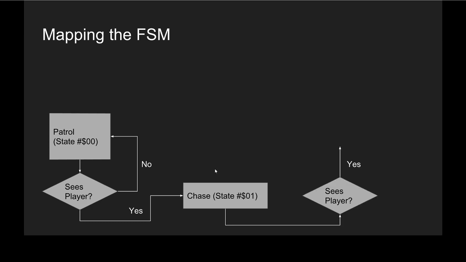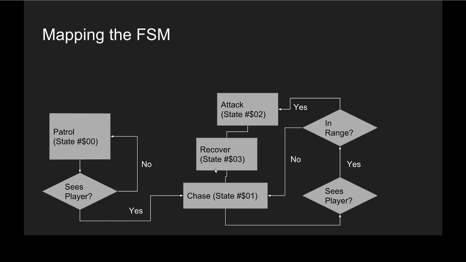During the chasing, if we continue to see the player, then we check to see if they're in range. If they are in range, we go into attack, then into recover, then back to chase.